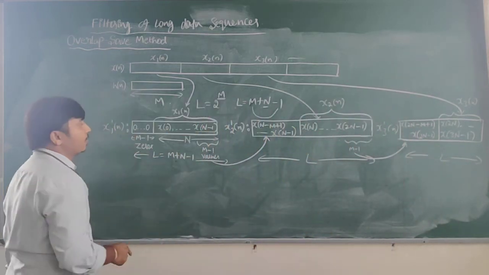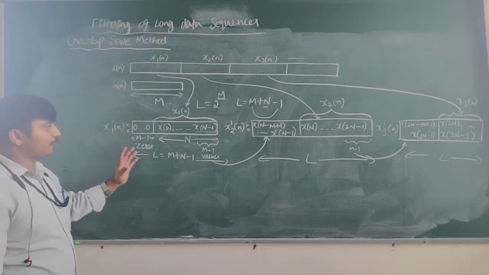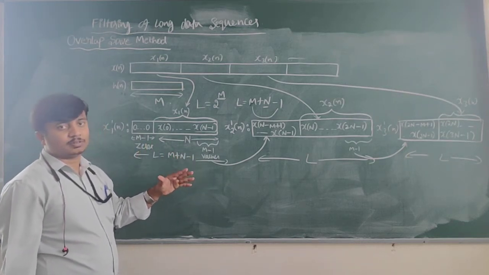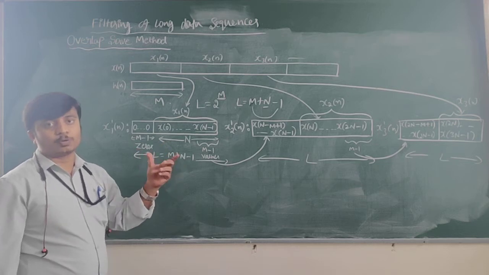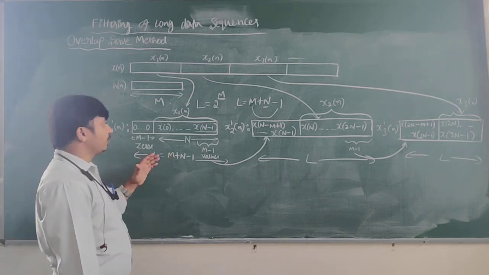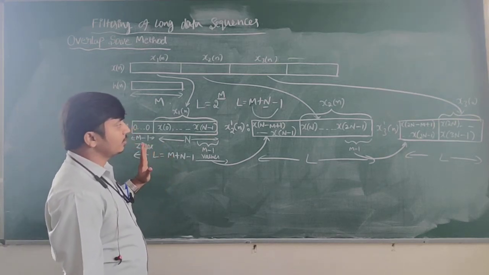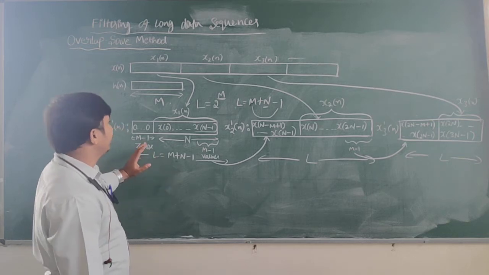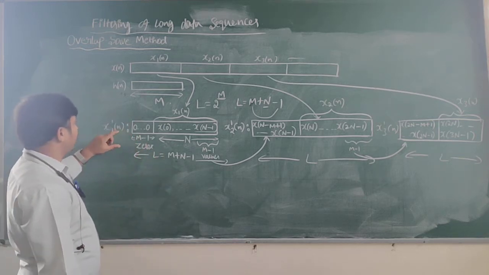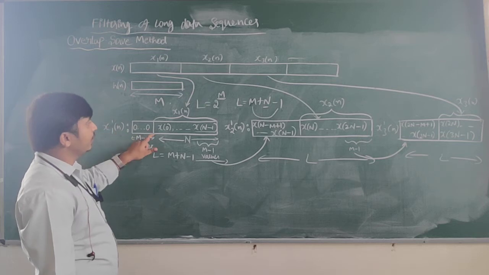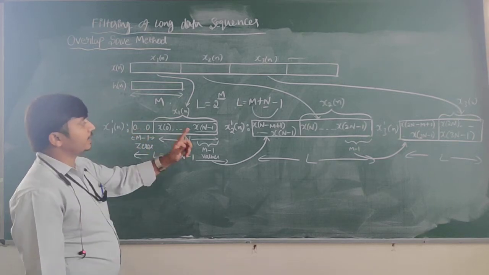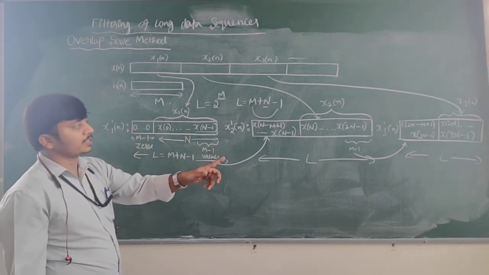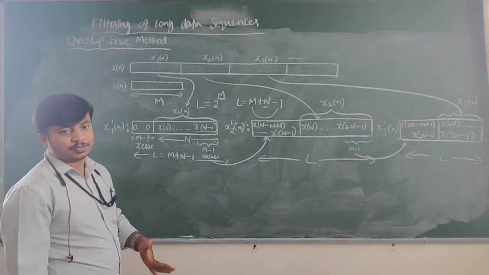Now I need to perform the circular convolution in order to find the output y of n. I need to perform convolution of x1 dash of n with h dash of n, x2 dash of n with h dash of n, and x3 dash of n with h dash of n.